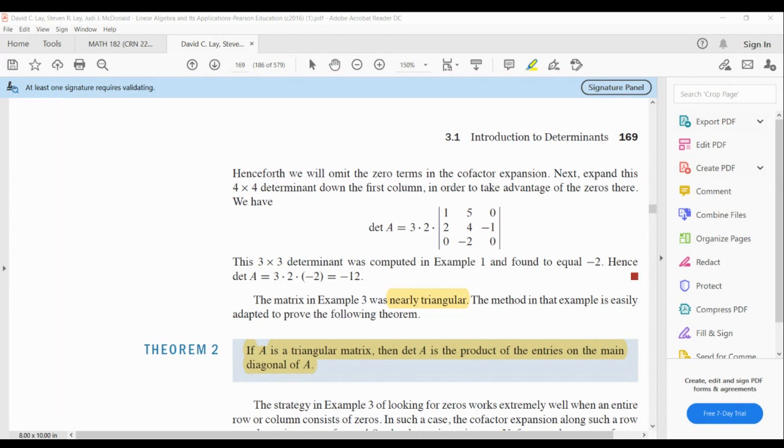How many think it might take 10 minutes to compute the determinant that we just did in example 3, using cofactor expansion? Good. And you want to use cofactor expansion in your homework. You want to practice that. The next exam, I'm going to want to see cofactor expansions.